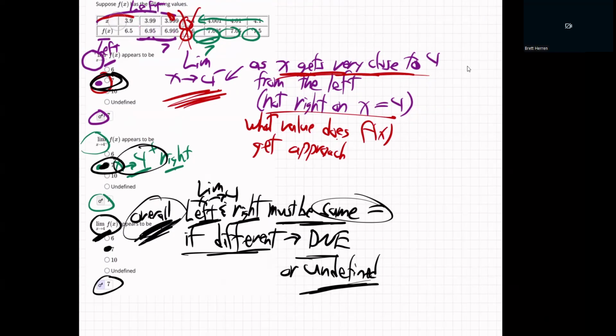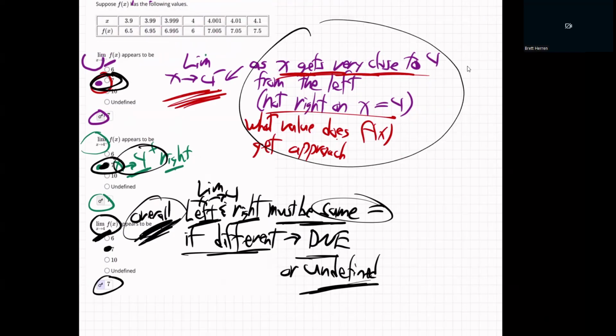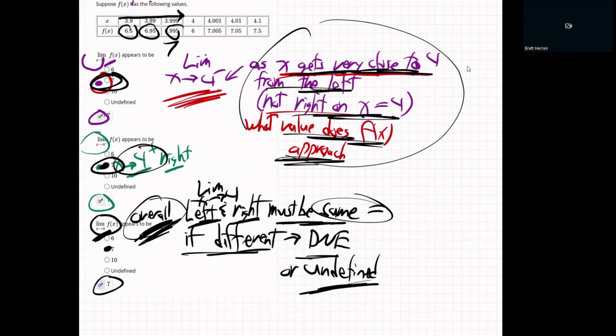So again, the trick with this was they're making sure you understand that a limit, here's the main point up here, is as x gets very close to 4, not right on 4. That's what a limit is. What value does f of x approach? As x gets really close to 4, these numbers look like they're headed to 7.